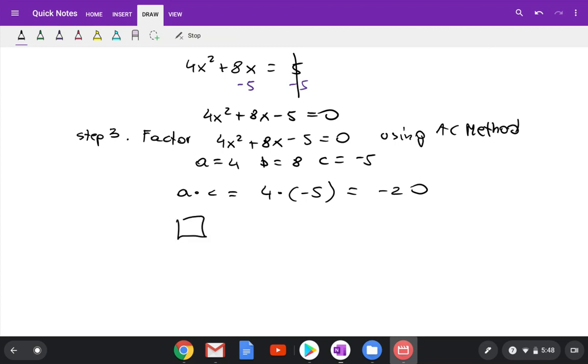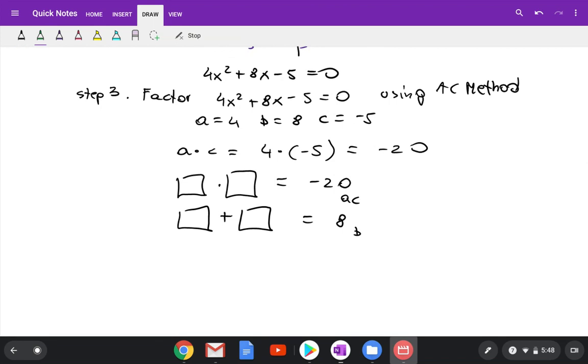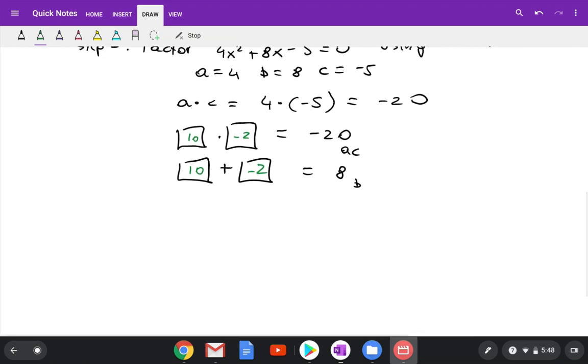Next, we're going to find two integers which by multiplication equal negative 20, and the same two integers by addition have to give you b, which is 8. Two integers which by multiplication give us negative 20 will be 10 and negative 2. Also 10 plus negative 2 is definitely 8. So we have it.